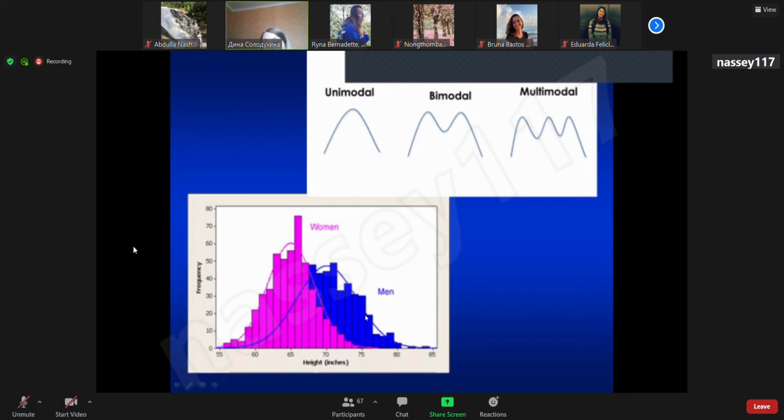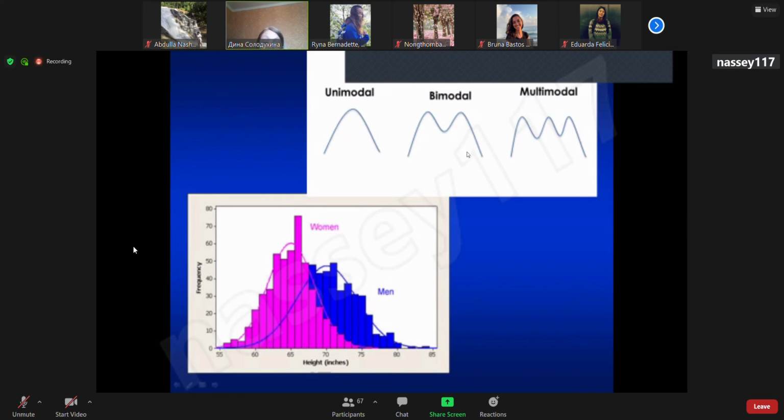If you have, for example, a study on blood pressure and there are subjects who are normotensive and hypertensive, you will also have a bimodal distribution. And if you have a multimodal distribution, there are several tendencies, and in a multimodal distribution, there will be like three humps, versus two humps in bimodal and one hump in unimodal.